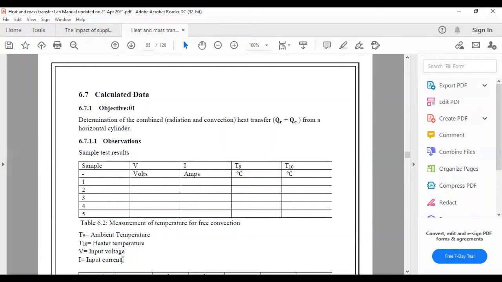All of this description is given here as well. This is all about the observation table. Now we will move towards the lab, and we will see how to use this equipment to take these measurements. After that we will further process the readings, and we will learn how to use all of these readings to calculate the different quantities.